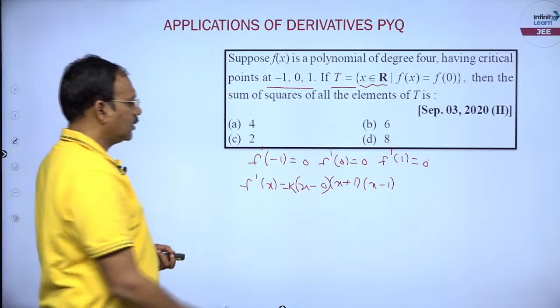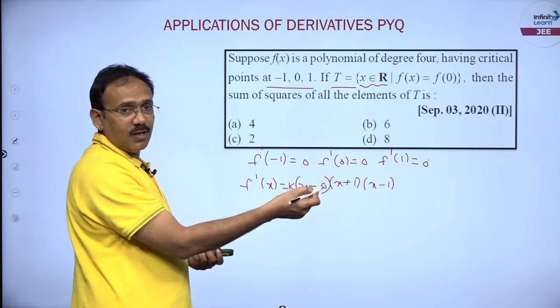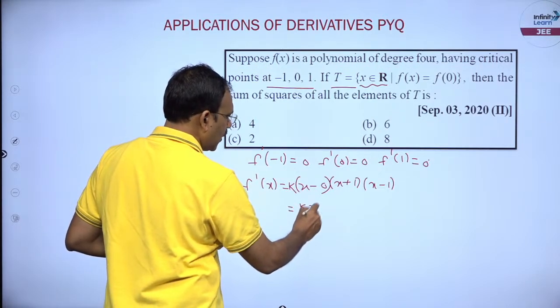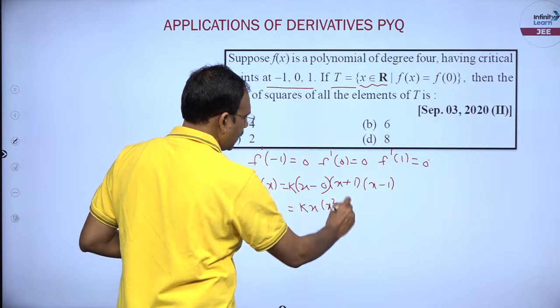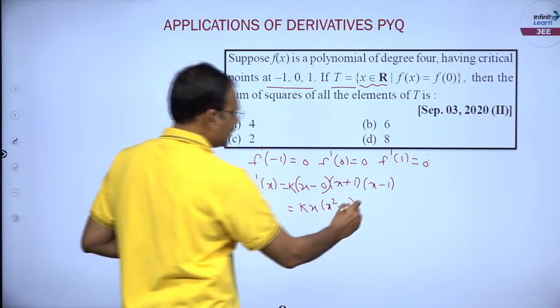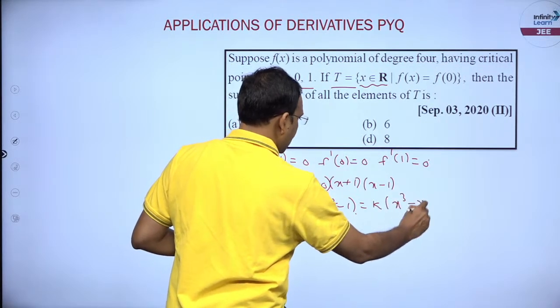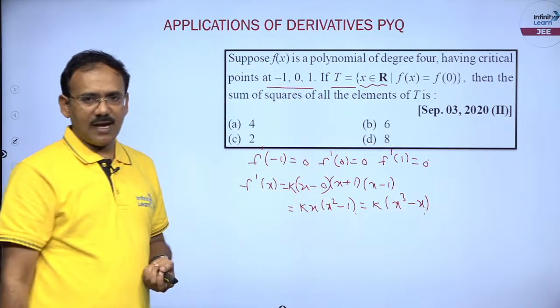Why not? Because this is a cubic polynomial, maximum it will have 3 roots, k into x into x square minus 1, or I can say k into x cube minus x is going to be f dash x.